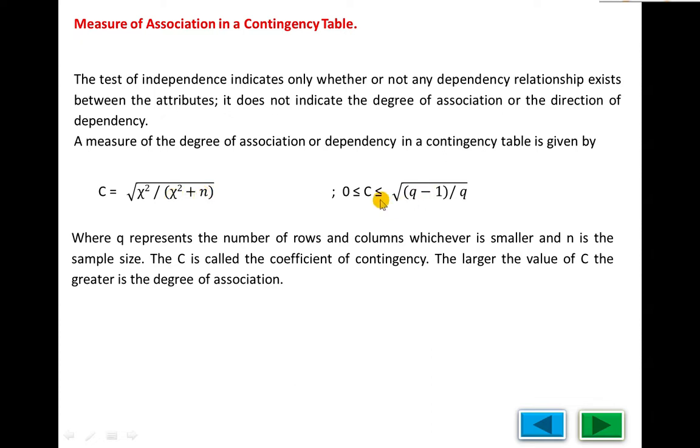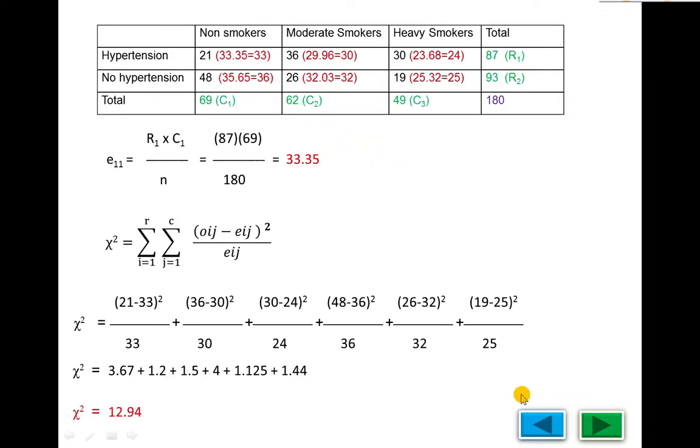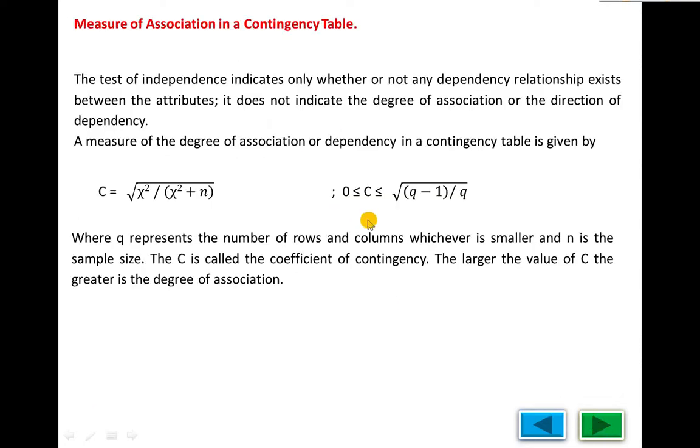The range of the value C from this formula will be between 0 and this upper value. Q is the number of rows or columns, whichever is smaller. We substitute the smaller value. In the previous example, we have 2 rows and 3 columns, so the smaller value is 2, and we substitute 2 here.